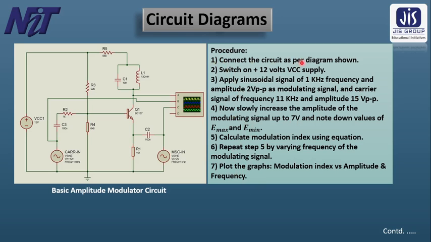First you have to connect the circuit as per the diagram, then switch on the 12 volt power supply, then apply the sinusoidal signal of 1 kilohertz frequency, 2 volt peak to peak, and the carrier of 11 kilohertz. Now slowly increase the amplitude of the modulation signal up to 7 volt. Here you do not need to increase the modulating signal up to 7 volt, because I think at 4 volt it will give you a critical modulation, and beyond that an over modulation.